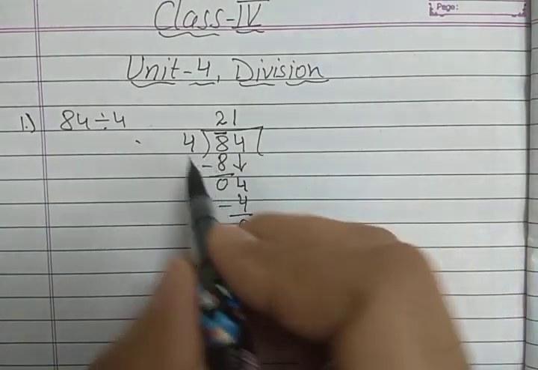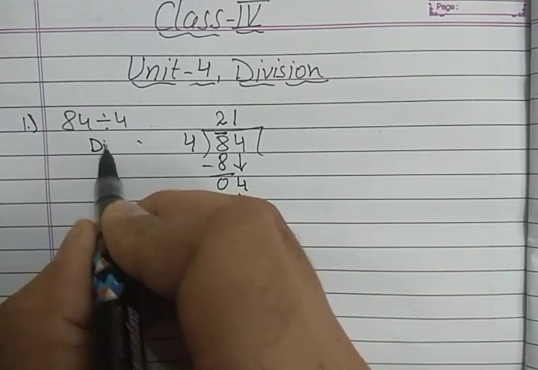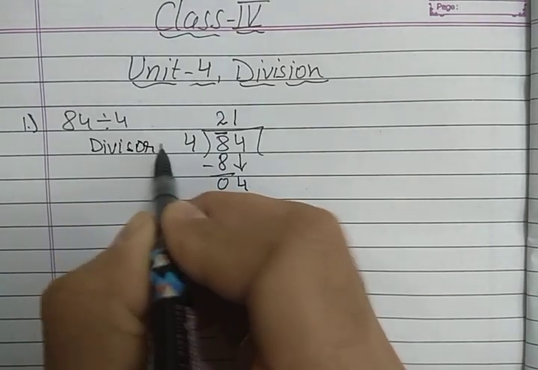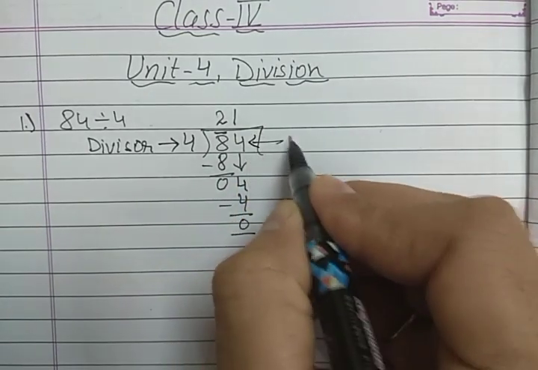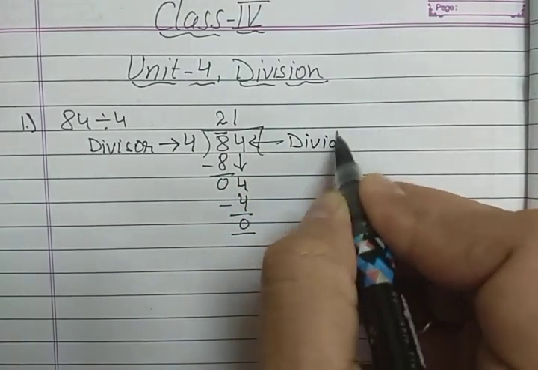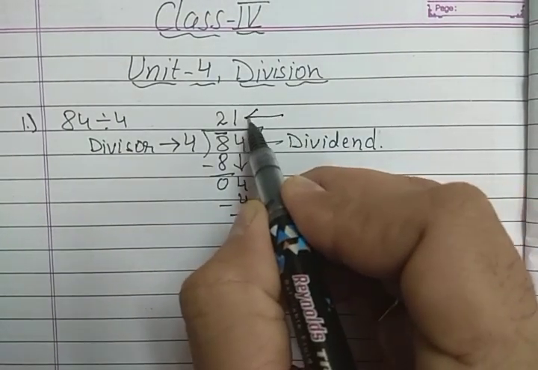Now do you remember? This is called the divisor. This is the dividend. This number is our quotient.